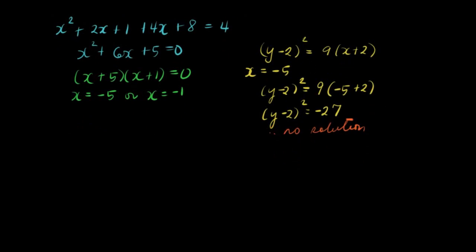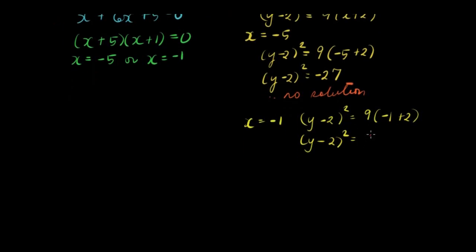So let's have the solution for when x is equal to negative 1. Let's substitute. So we have y minus 2 squared is equal to 9 times negative 1 plus 2. Negative 1 plus 2 is equal to 1 times 9. It's 9. Then get the root of both sides.